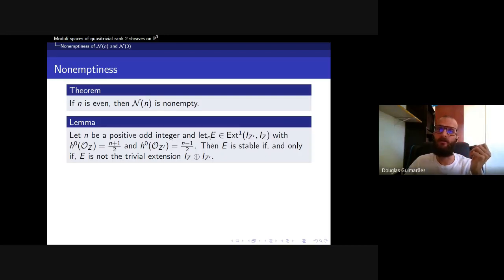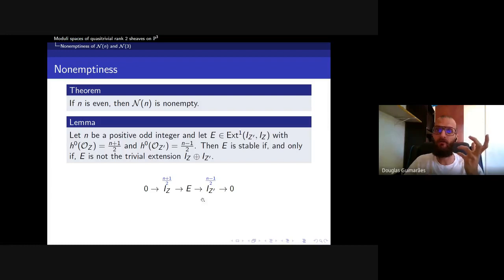It states that if we fix a positive odd integer n and take E as an extension in the most balanced case, that is, putting (n+1)/2 points on the left side and (n-1)/2 on the right side, then this E is stable if and only if it's not a trivial extension.